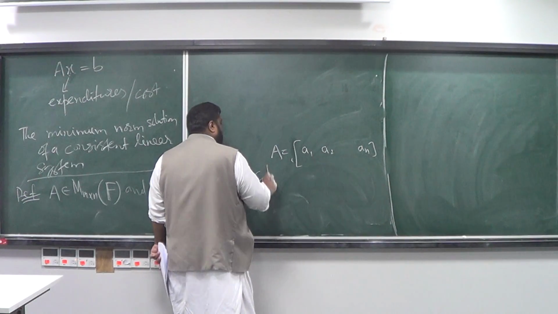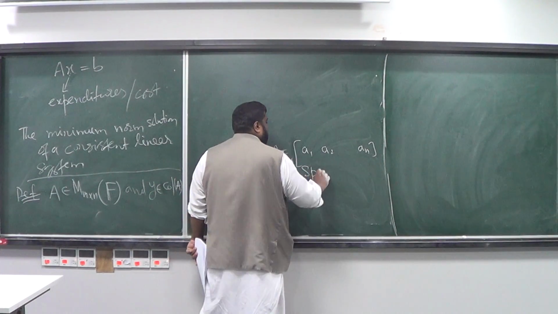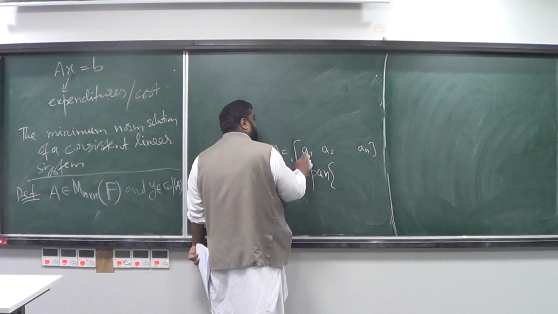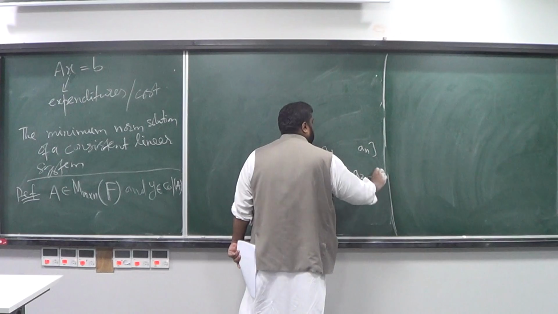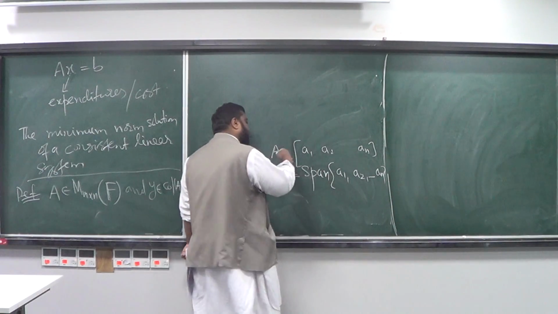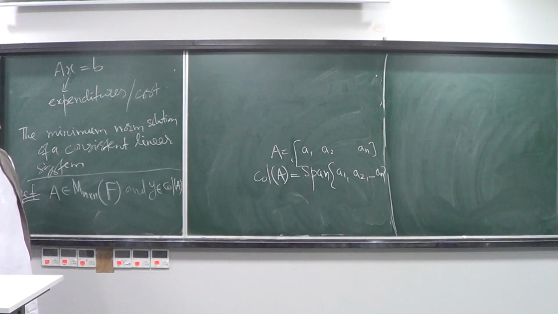What do you mean by the column space of A? Column space of A is the span of these vectors, A1, A2, An, the span of the columns of the matrix A.